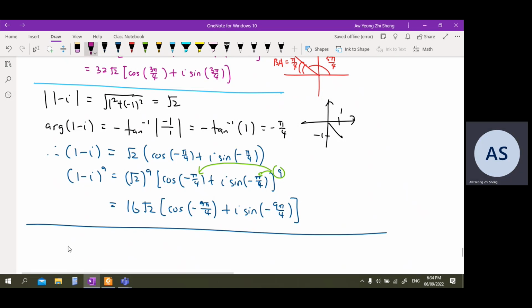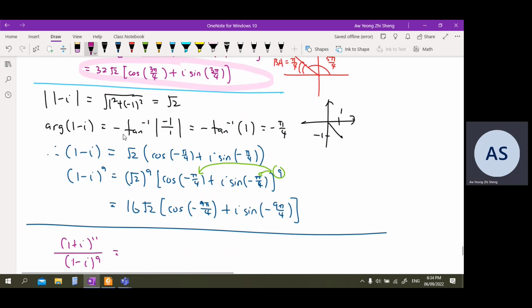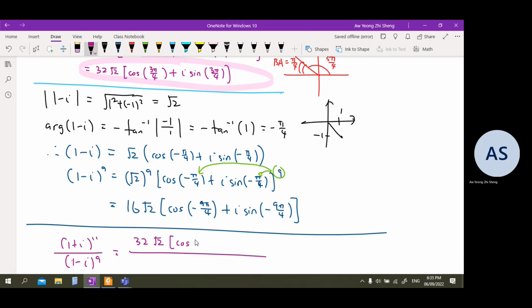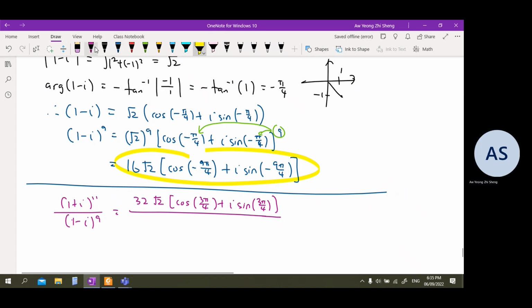So the question is 1 plus i to the 11 divided by 1 minus i to the 9. 1 plus i to the 11 is this purple colored number here, so I will just put it down here as 32 root 2 cos of 3 pi over 4 plus i sine of 3 pi over 4. 1 minus i to the 9 is this thing here.